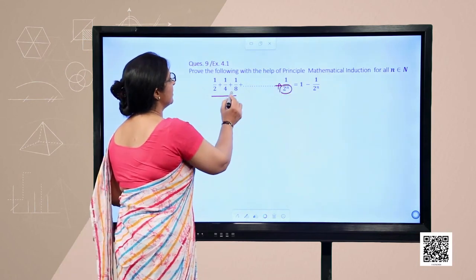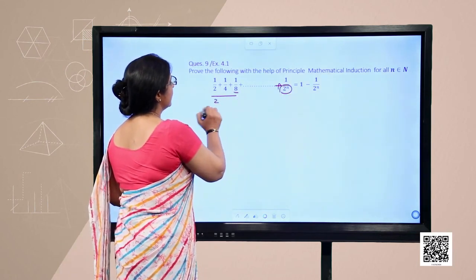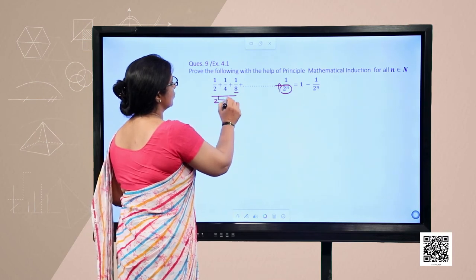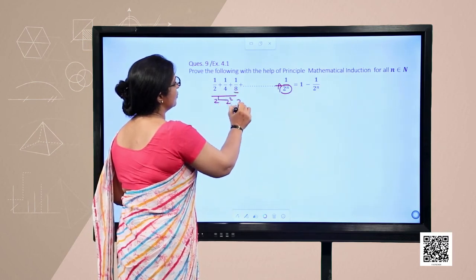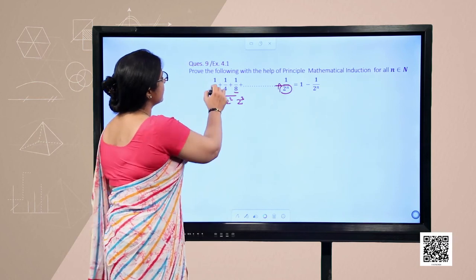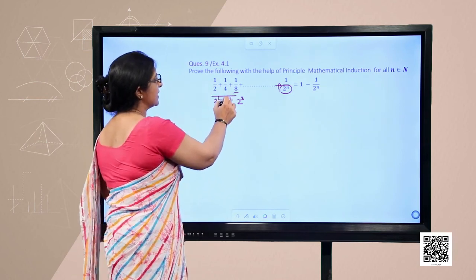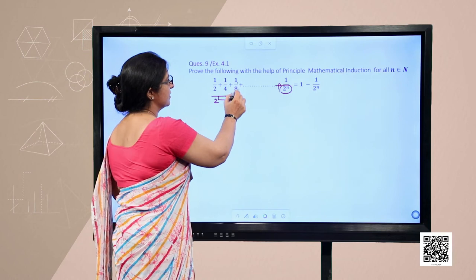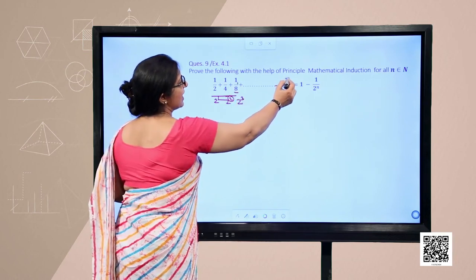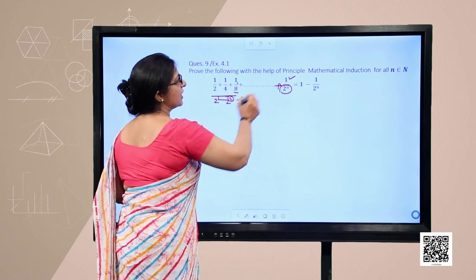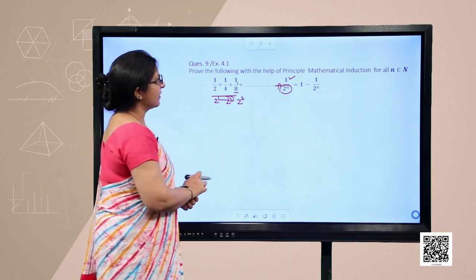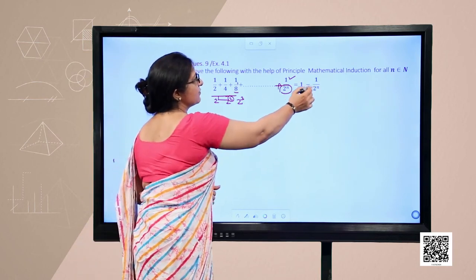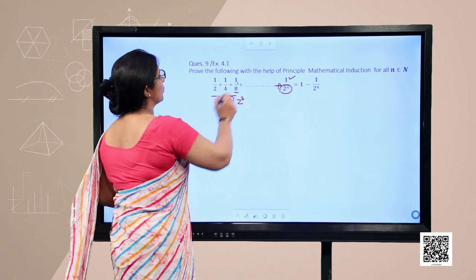This is the general term, because you must be noticing this is 2 to the power 1, this is 2 to the power 2, in the third term 2 to the power 3, whichever is the term, that is the power. So, this is the nth term, therefore it is 1 upon 2 to the power n, which is equal to 1 minus 1 upon 2 to the power n. We need to prove this.